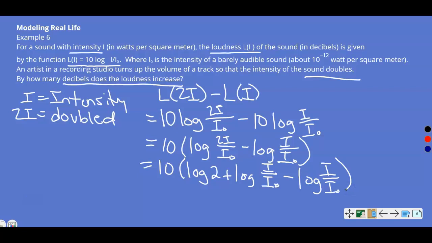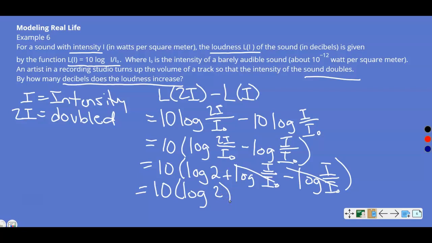Now, why did I do that? That separates this part. And now we can see that we have log of I over I sub 0 and log of I over I sub 0. So if we have a positive and a negative, this actually cancels out. That leaves us with 10 log of 2.